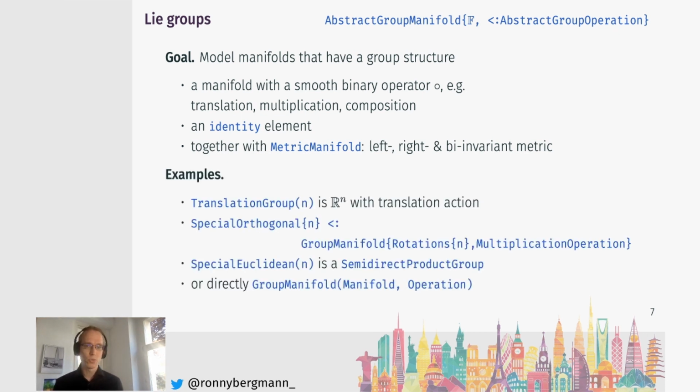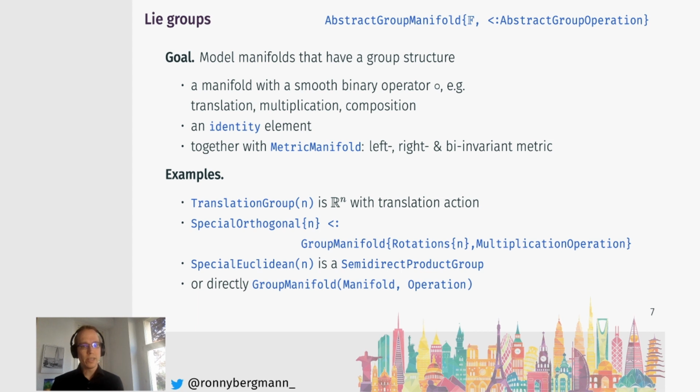Let's look at a few examples. The translation group is the Euclidean space with translation, so addition. Then we have the special orthogonal group, that's rotation matrices. So as a set or manifold, it would just be rotation matrices. But together with the multiplication operation, we get a Lie group because two rotations concatenated, so doing both rotations, gives you in total again a rotation.